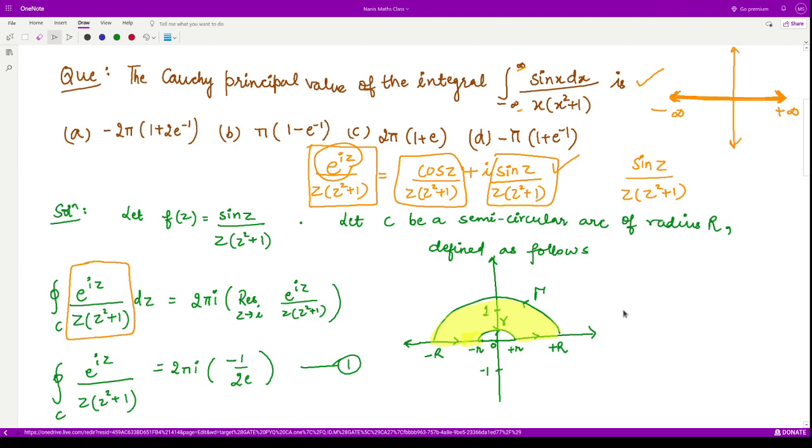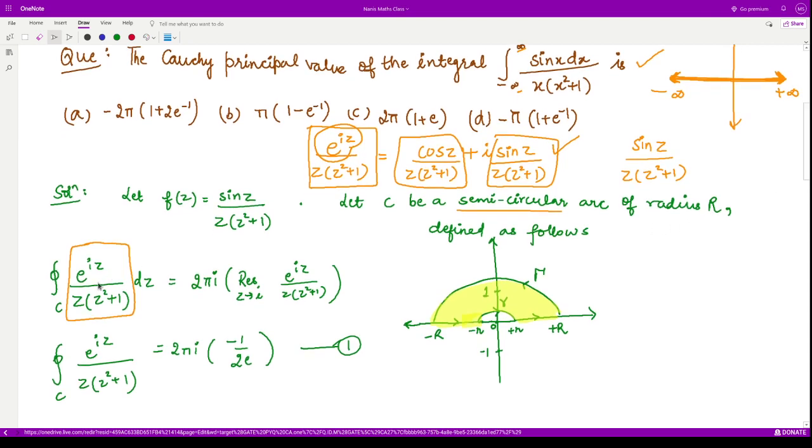What is C? We have considered C to be a semicircular arc of radius capital R, defined as follows. Here, if you see the function e to the power iota z divided by z times z square plus 1, what are the singularities? The singularities are obtained when the denominator is equated to 0. So you have a singularity at the point 0, at the point iota, and at the point minus iota.